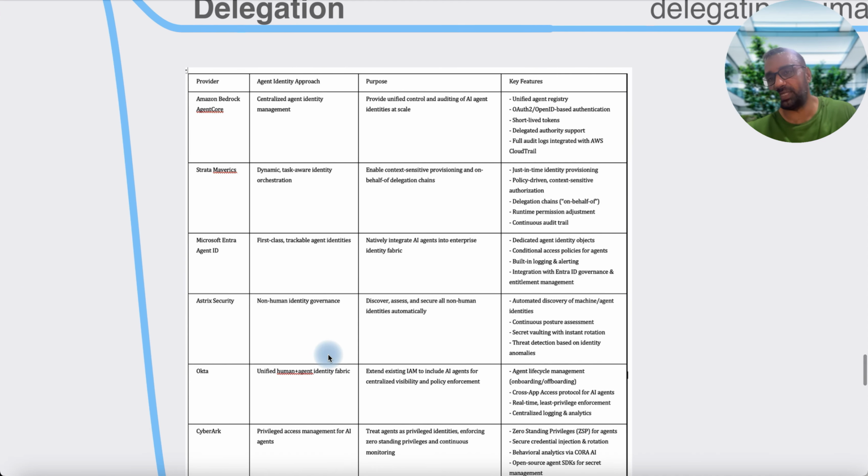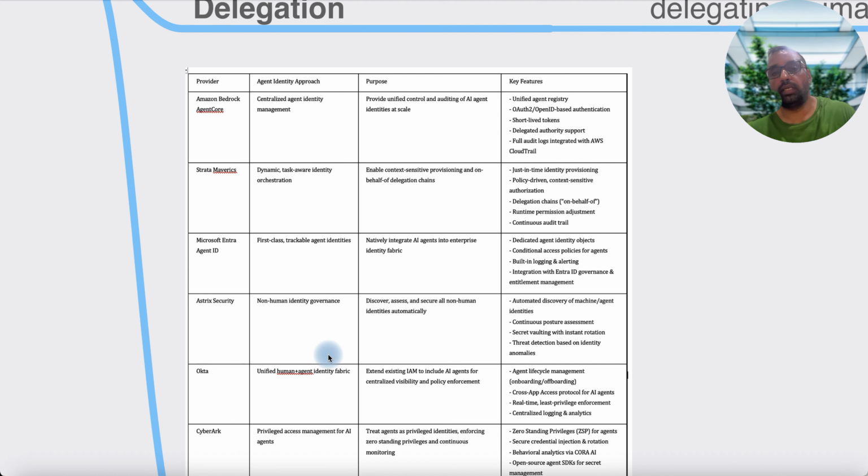If I start with basic service providers, for example, Amazon Bedrock AgentCore has taken the approach of centralized identity management. They provide a unified agent registry, short-lived tokens, delegated authority support, as well as full audit logs that are integrated with CloudTrail.